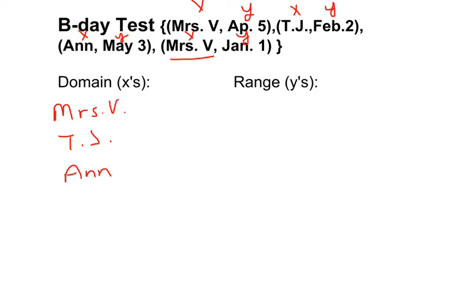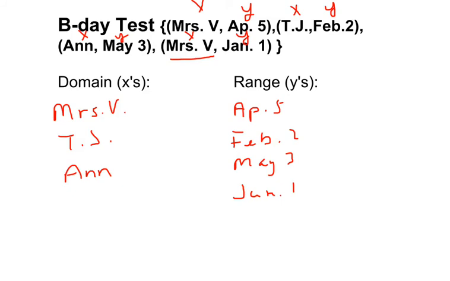You want to list your domain without any repeats. That's really, really important. Next for the range, we have April 5th, February 2nd, May 3rd, and January 1st.